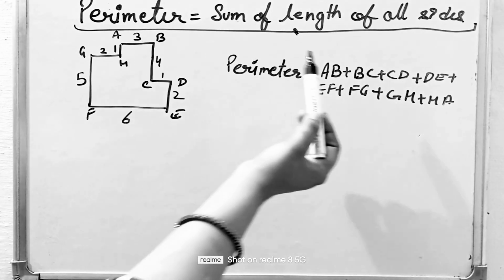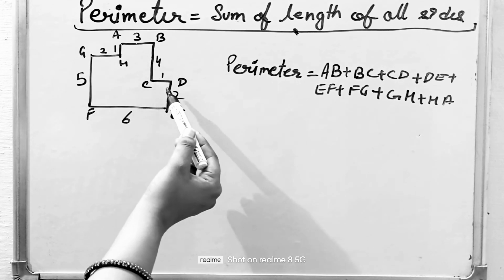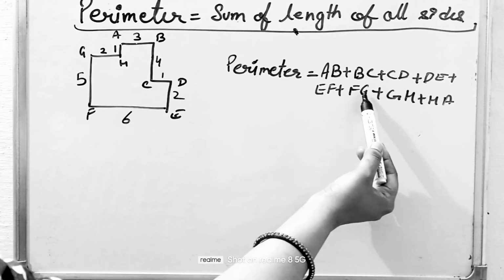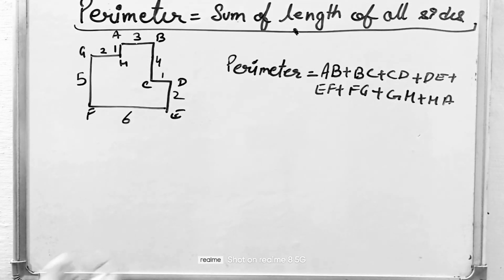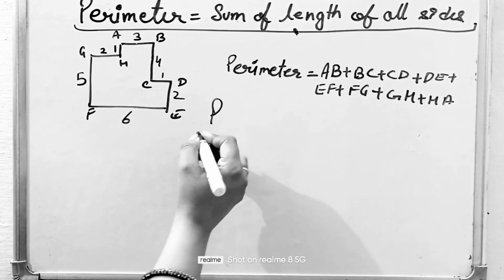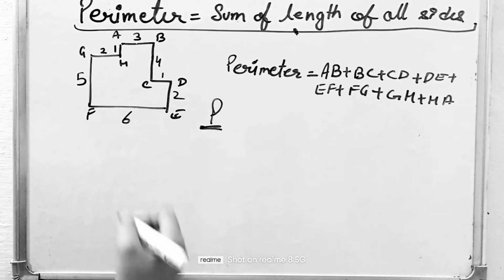So you can count the number of sides: 1, 2, 3, 4, 5, 6, 7, 8. Now you just put the values of AB, BC, CD, DE and so on, and you will get the perimeter. Here we can denote perimeter with P.